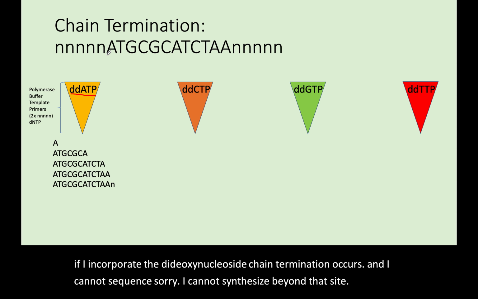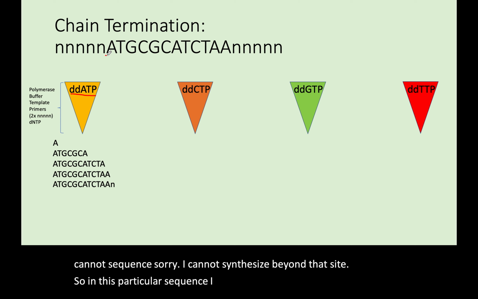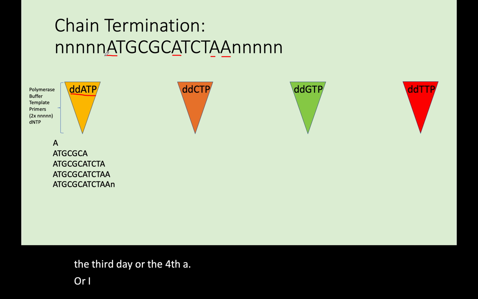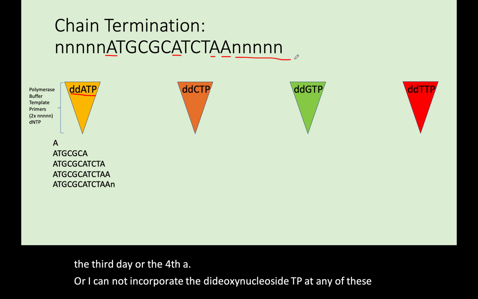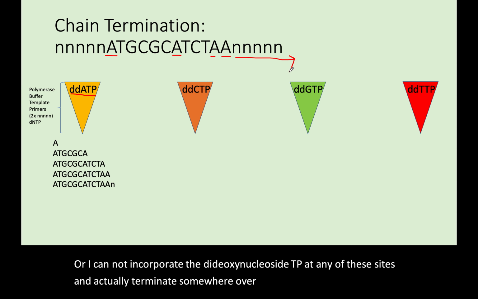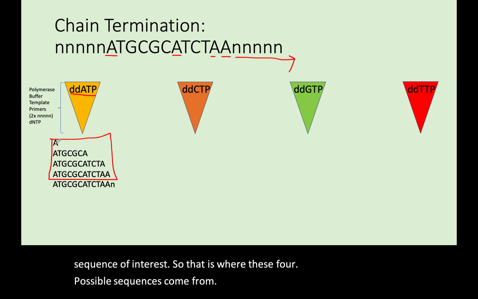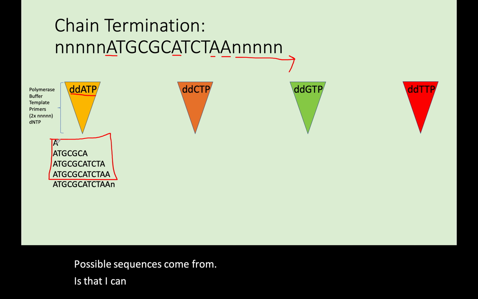So in this particular sequence, I can chain terminate at the first A, the second A, the third A, or the fourth A. Or I can not incorporate the dideoxy ATP at any of these sites and terminate somewhere further on, beyond the sequence of interest. So that is where these 4 possible sequences come from: I can be synthesizing a strand and terminate at one of the 4 locations.